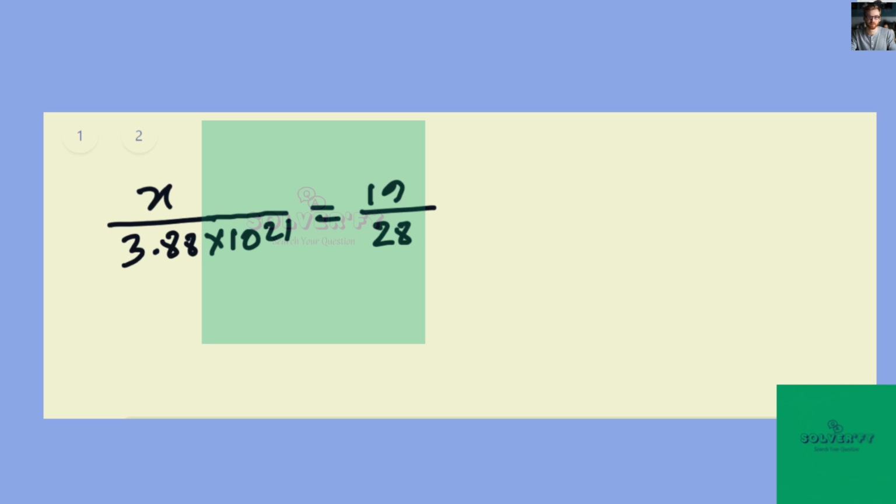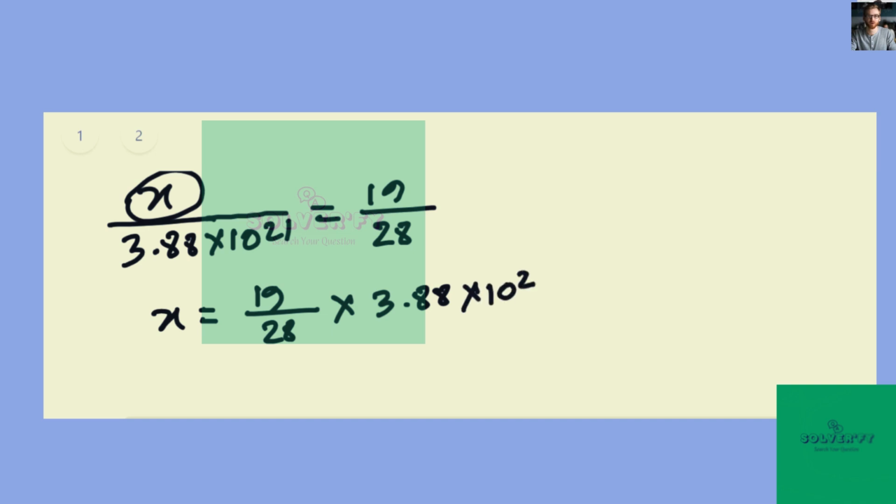From this ratio comparison, we can easily find the value of X, which is the number of carbon atoms in the sample. The value of X will be equal to 19 over 28 times 3.88 times 10 to the power 21, and it will give us a value of 2.63 times 10 to the power 21.